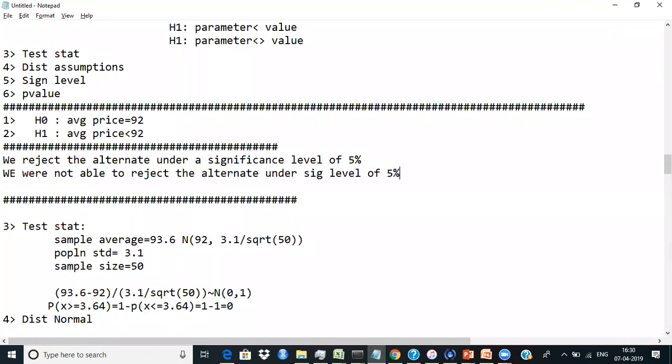You will never say this is true or that is true. This is to save your own back, because it is all probability. Later on, if you are extremely unlucky and what you said came out to be false, then the business will be after you. So we never say something is true or false. We say either we are able to reject or we were not able to reject.